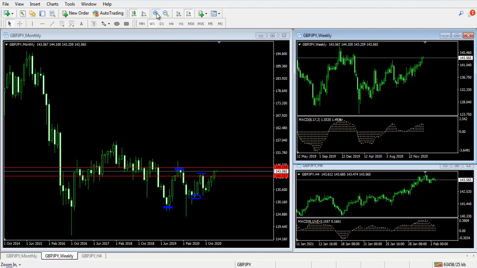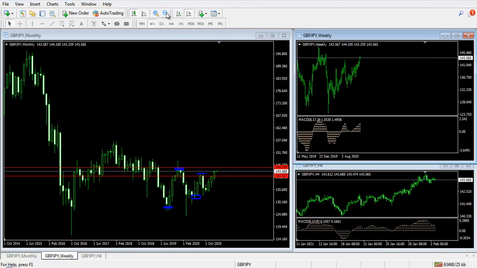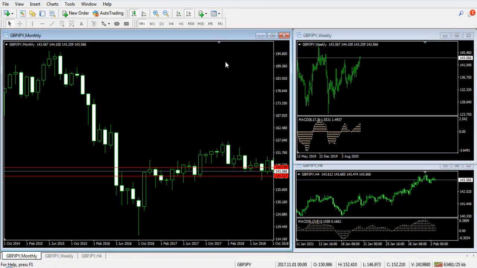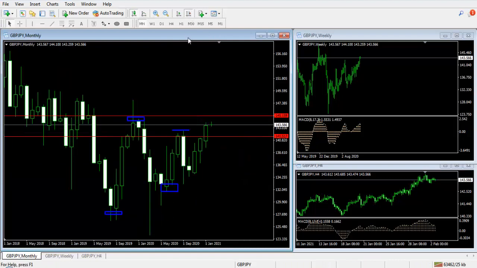I would want a change to tell me that we're good for the buy. There's still some breakout of at least that level, I would say.